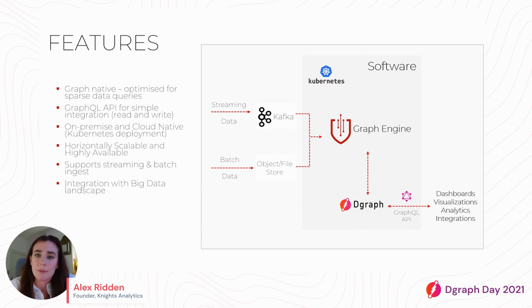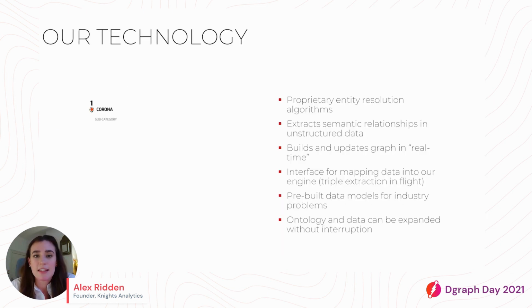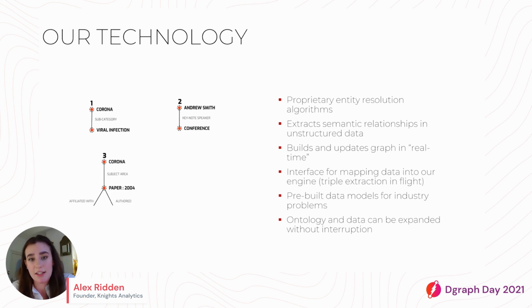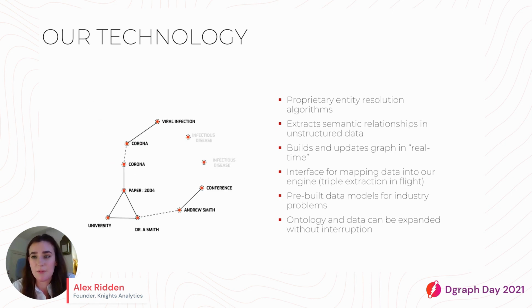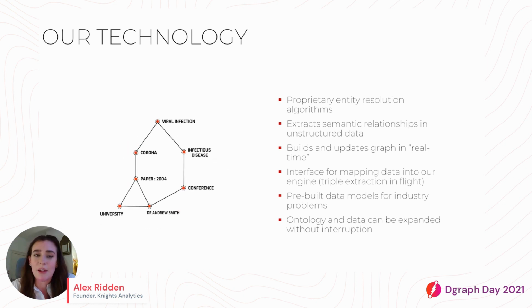And some unique things about our tech is that we have our proprietary entity resolution algorithm. We can extract semantic relationships from unstructured data. We build and update the graph in real time, with an asterisk, because it very much depends on what real time means for you and your business problem. But so far we haven't had a problem.